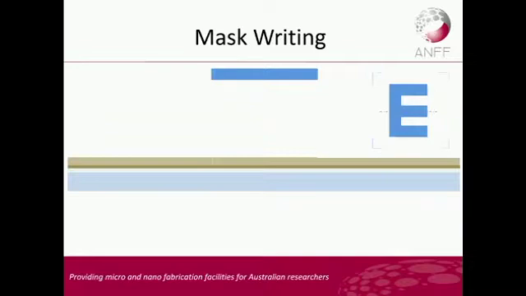So what is mask writing? If we've got a design, a polygon, so I've got an E over there, the mask writer will write to that polygon. The laser will scan over. This is the cross-section of the mask, obviously, and it scans over where the polygon is drawn, and where it's exposed with UV, it becomes soluble, and then we can develop it, and it removes the photoresist in that location.